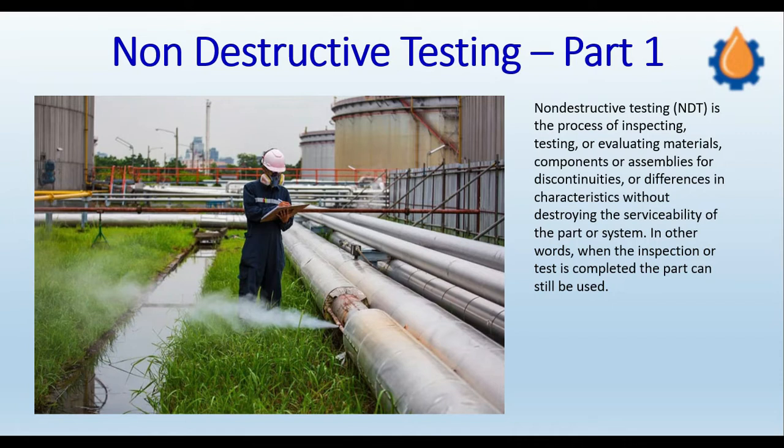So when two pipes are joined together by means of welding, then we have a testing procedure. It can be a destructive testing wherein the weld joint is destroyed, and if we want to preserve it, then we have another technique, which is the non-destructive testing.